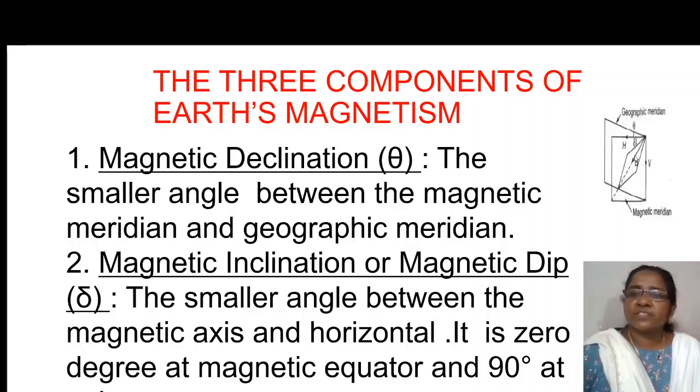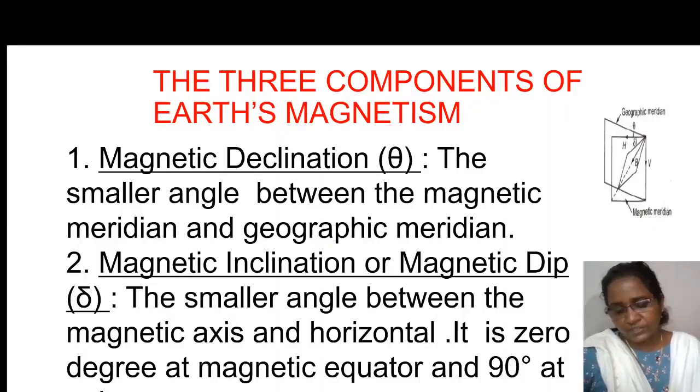This is the relation between vertical and horizontal components where delta is the angle of dip. And the angle of dip will have different values as you move from one place to another on the Earth's surface. The angle of dip will be 0 at the equator.